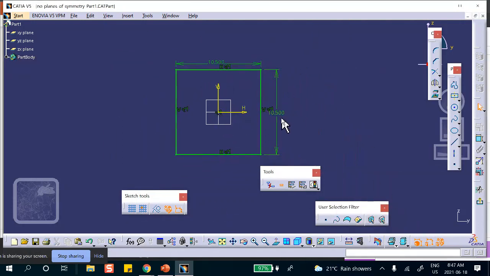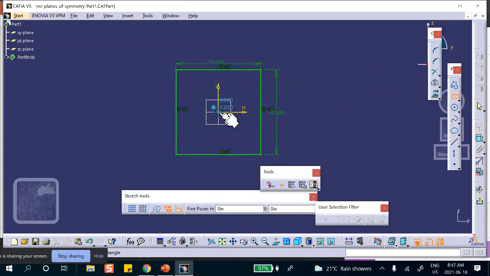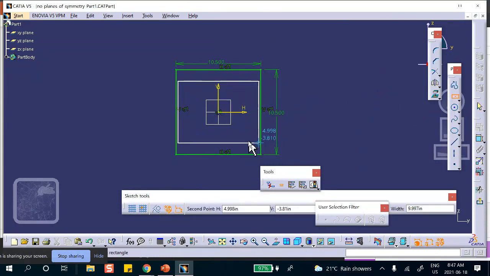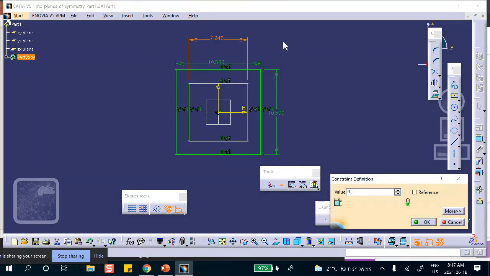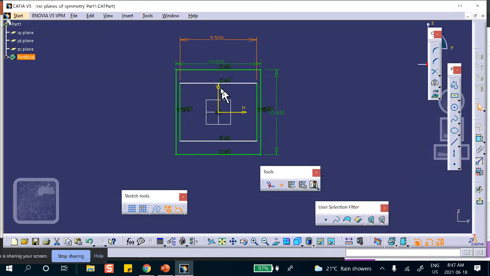Good. And then inside, I'm going to draw one 9.5, 9.5, and 9.5. The different ways of making this part, I leave it to you to decide. This is how I'm doing it right now. I did it differently when I was preparing the lecture, but this is fine.